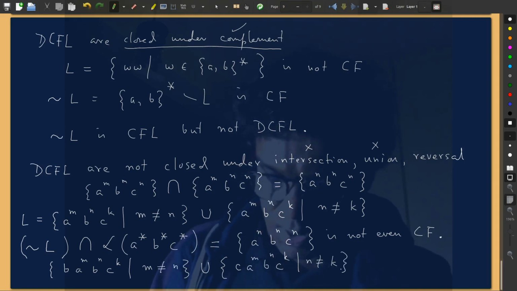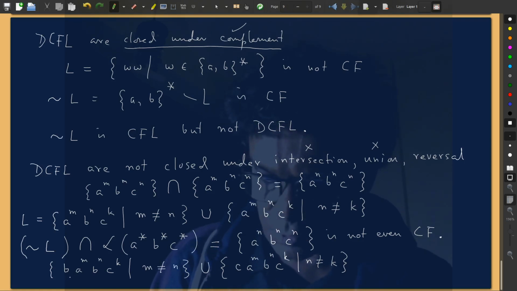If you read this from this end, then by looking at whether your first symbol is b or c, you can find out whether the number of a's and number of b's do not match. And here, if it is c, you just check whether the number of b's and number of c's do not match.